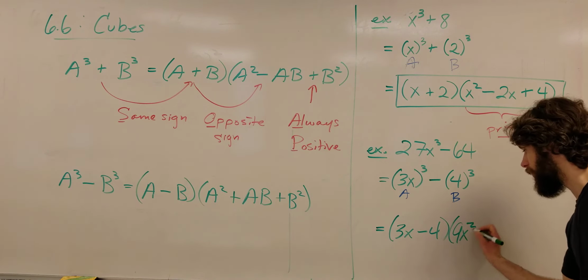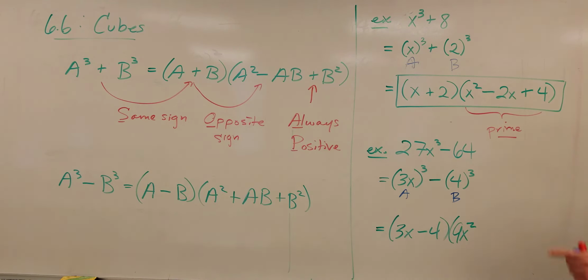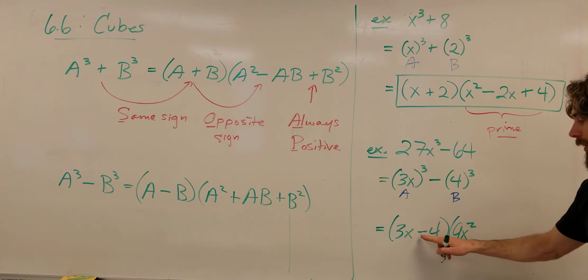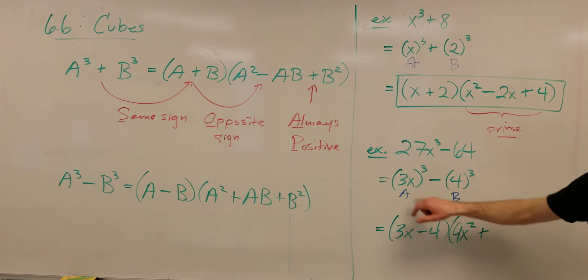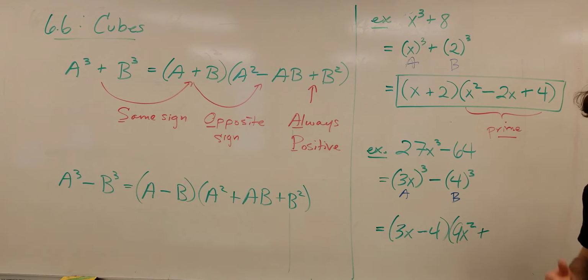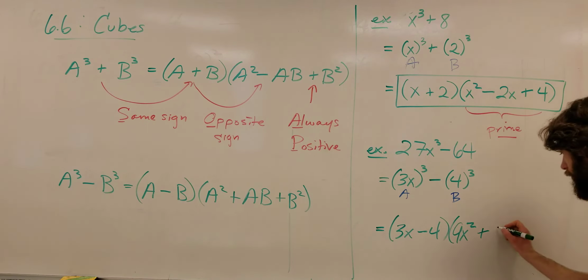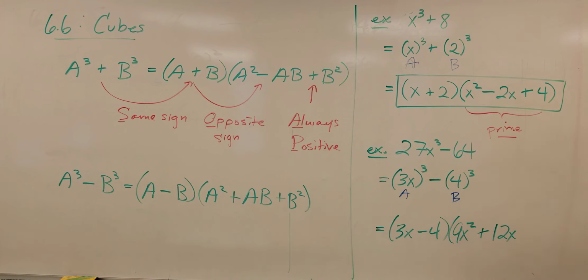We have 9x squared. Now we need to go opposite sign, so we got a minus here, we do a plus there. And then we have a times b, so 3x times 4, that gives us 12x. And then it's always plus b squared, so 4 squared is 16.